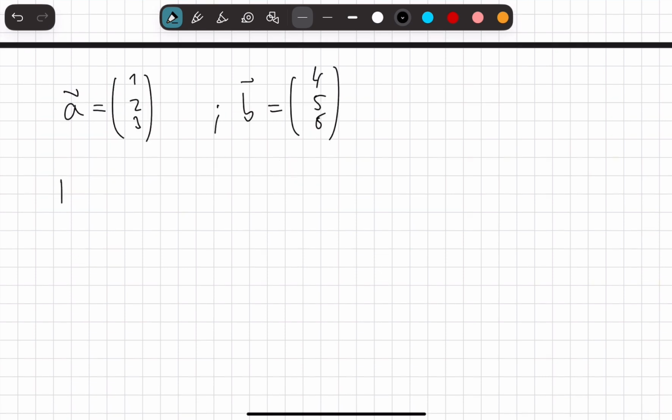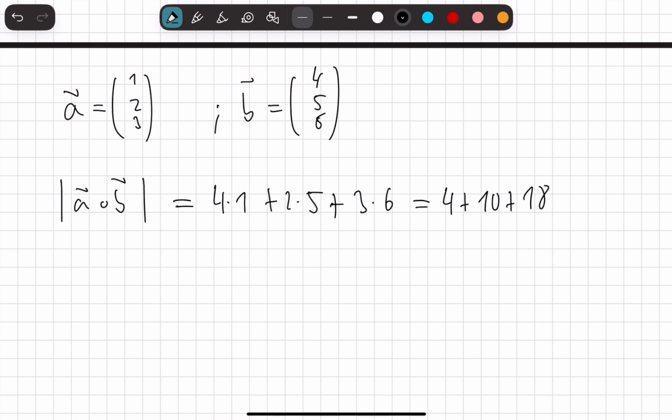So a dot b is equal to 1 times 4 plus 2 times 5 plus 3 times 6, and that's 4 plus 10 plus 18, and that's 32.